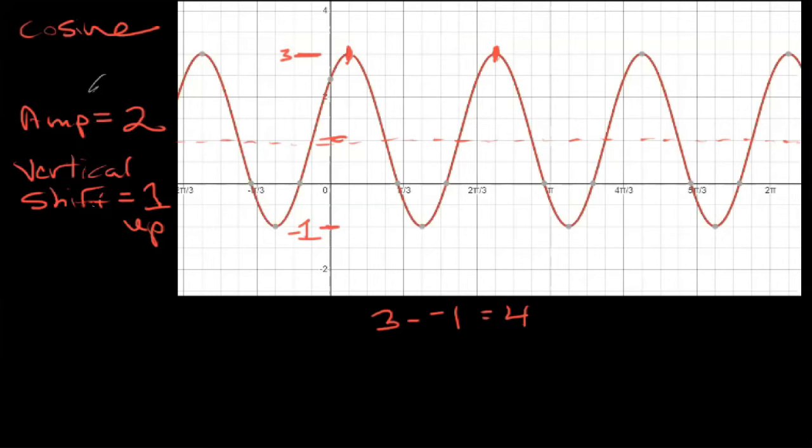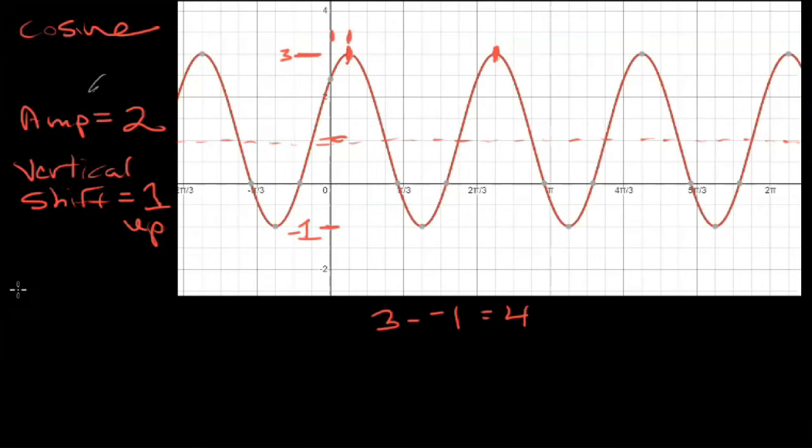I need to know if there's a phase shift, and there is, because cosine would normally start along the axis here at the top. So I need to know what's the distance from here to here. And if I go and look, it's pi over 3 here, and there are 4 marks.